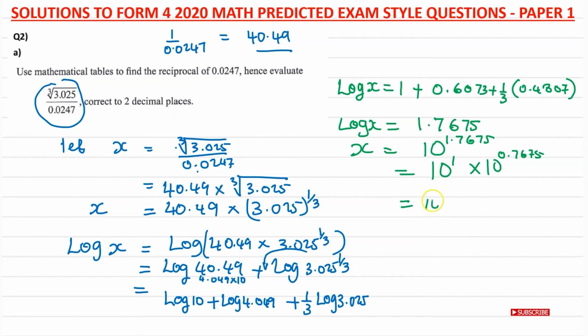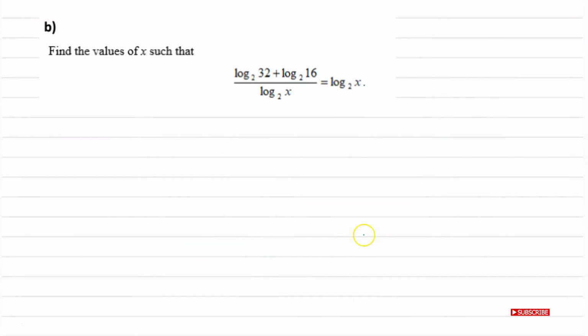So this is equal to 10 times the antilog of 0.7675, which will give you 5.855. So the final answer is x equals 10 times that, which is 58.55. And that is already in 2 decimal places. So that is our answer for this part.